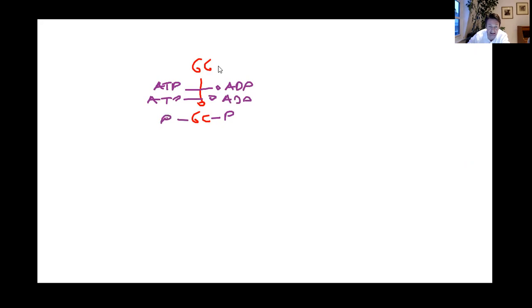Now, next step is that then splits, and that's called the glycolytic step. Lysis is to split, as in hydrolysis, and then that's going to produce 2 3-carbon compounds with a phosphate attached. So this is a 3-carbon sugar, triose phosphate. Now that triose phosphate then turns into a pyruvate.